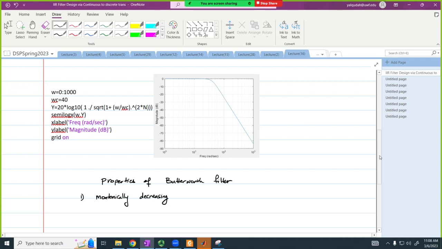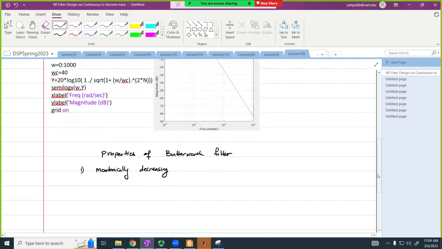So the frequency response keeps getting smaller and smaller as the frequency goes higher. It never goes back. There's never a frequency where the gain is higher than at a smaller frequency. No ripples.